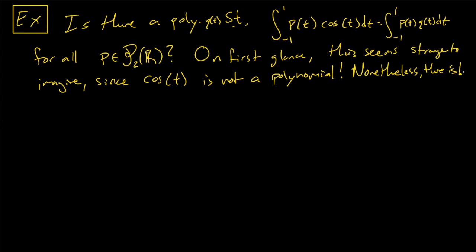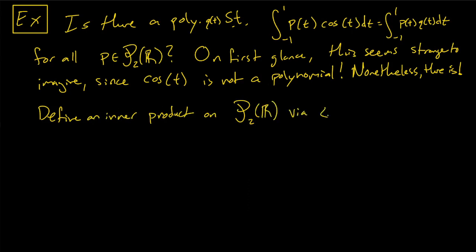Amazing! It's an exclamation point. Nonetheless, there is. Here's how. So, define an inner product on P2(R), or really I could just say Pn, it doesn't really matter, via the inner product of p and q equal to the integral from -1 to 1 of p(t) q(t) dt.